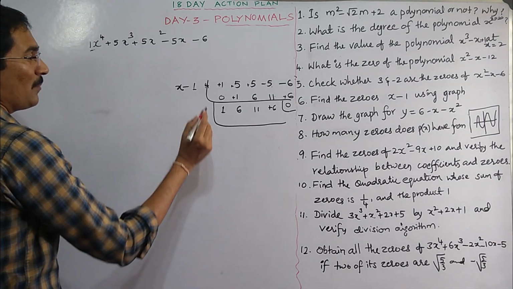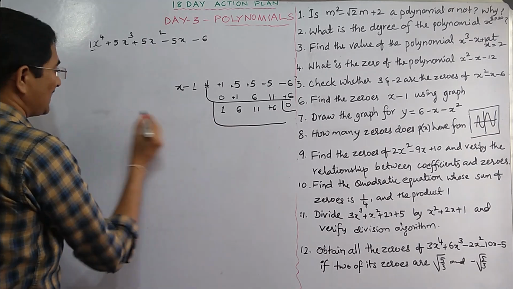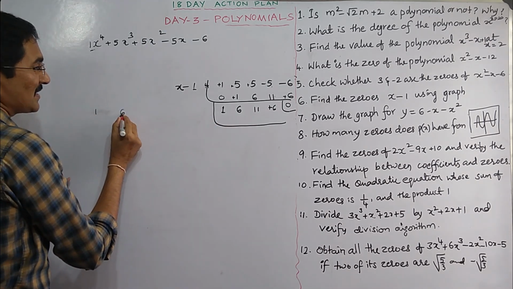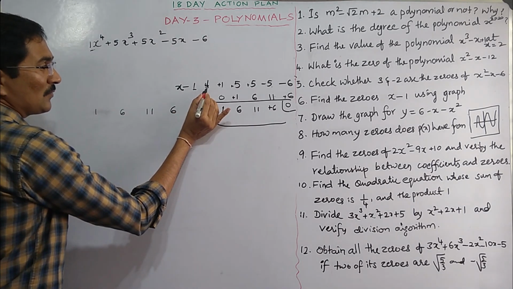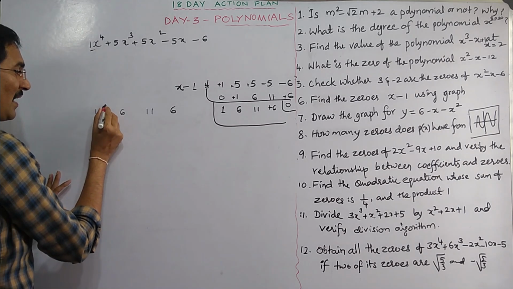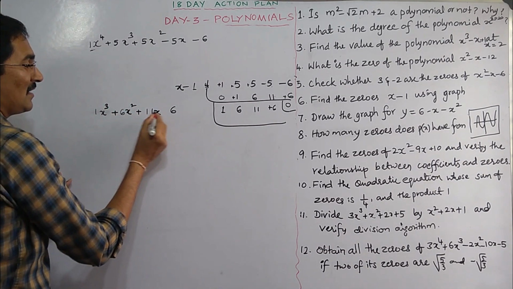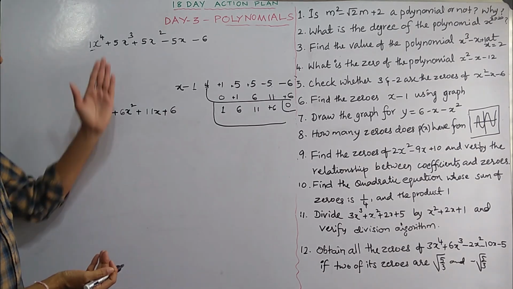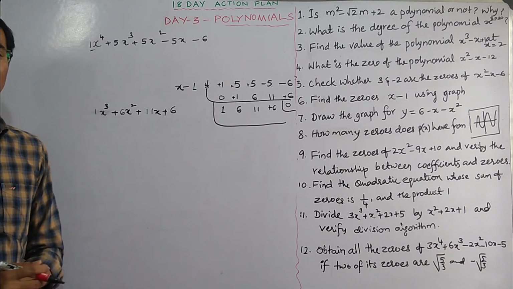That means, for example, if you are dividing this polynomial by x minus 1, the quotient is 1, 6, 11, 6. How to write this? This is a 4th degree polynomial, so we'll have a 3rd degree polynomial. So starting from x cube, x square and x. This is the result. If you want, you can check it. So if you divide this one by x minus 1, you will get this as the quotient.